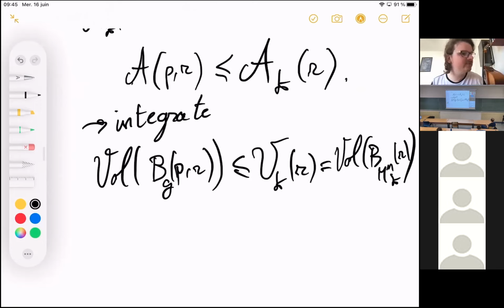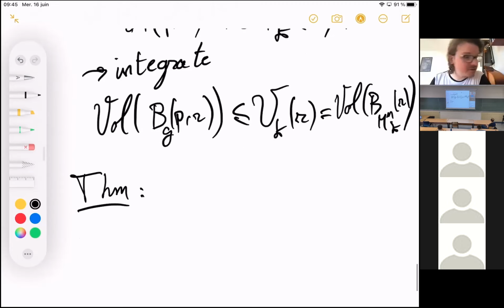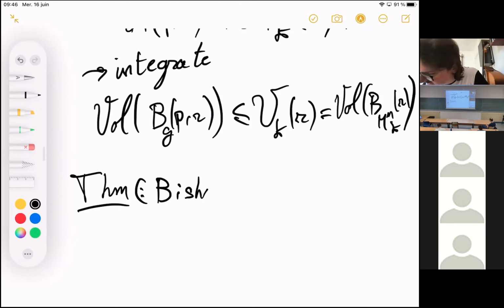We'll see that afterwards, and it's a consequence of the following theorem, which is the Bishop-Gromov inequality.